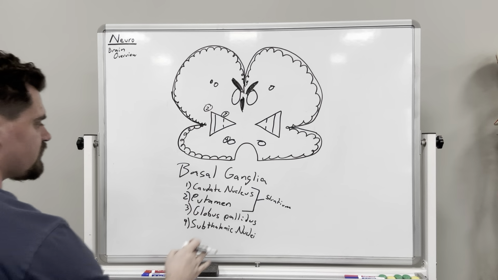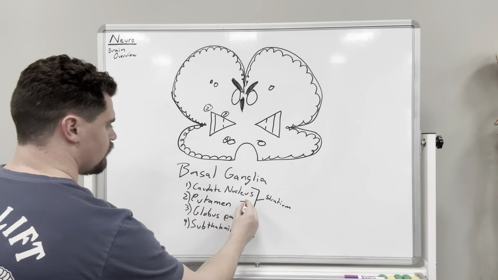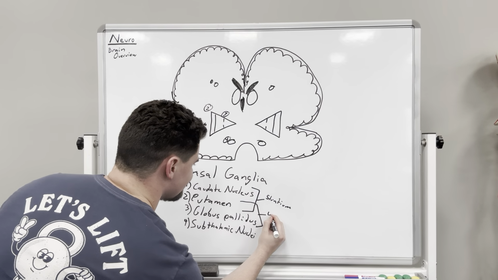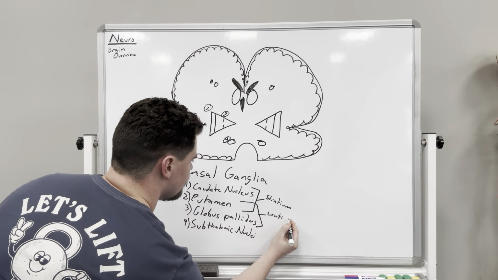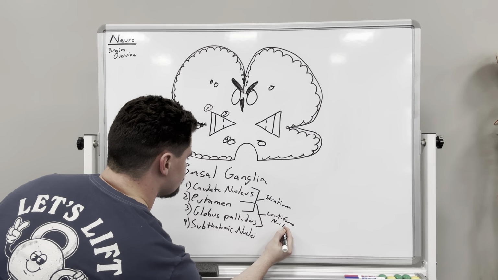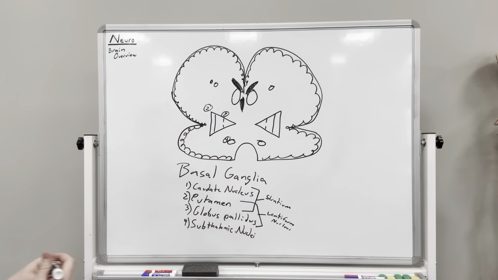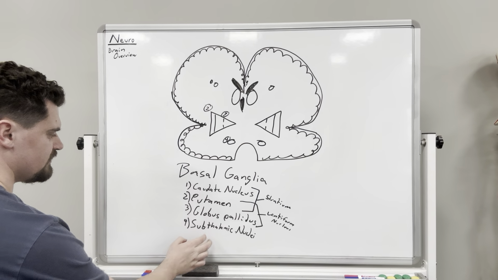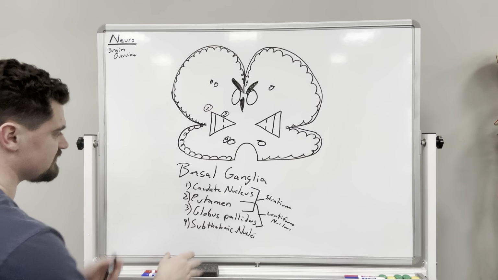And then if you're talking about the putamen and the globus pallidus, or the pizza, that is the lentiform nucleus. That was that name I said a little bit ago. So yeah, a little confusing, but that's what it is. And then collectively, these guys are the basal ganglia, and not pictured because it's in the midbrain is the substantia nigra.